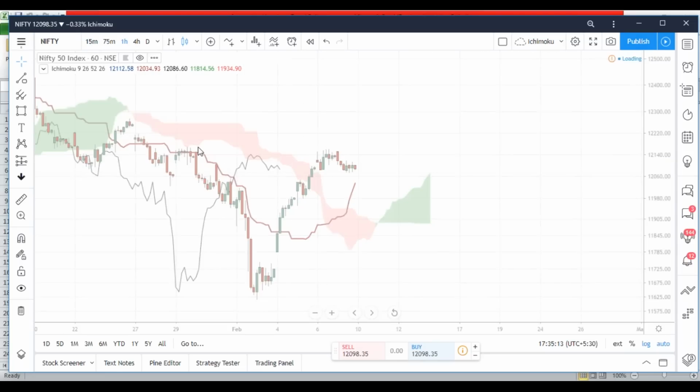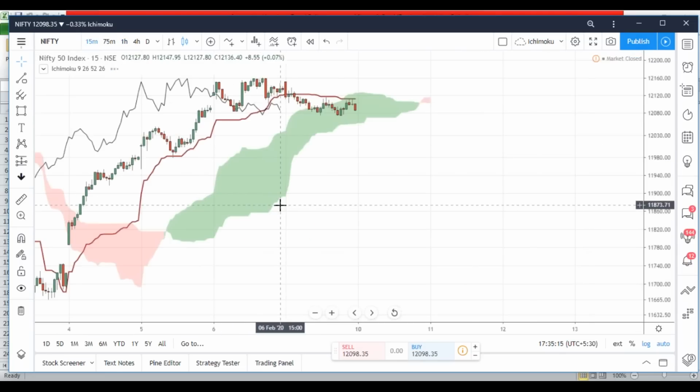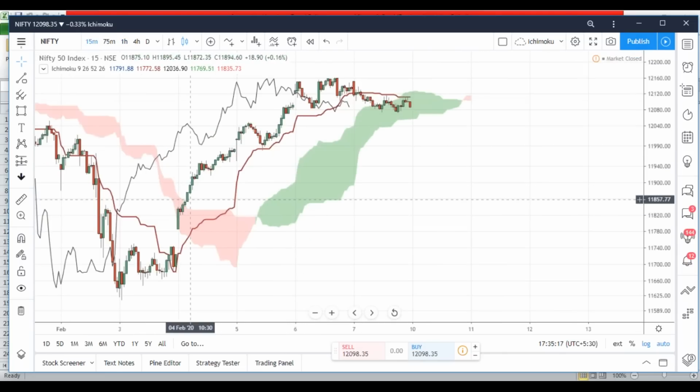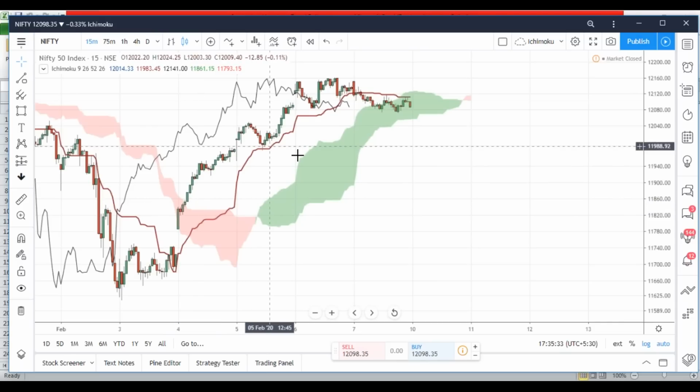Let's say 15 minute. On the 15 minute chart, whenever price closes above the cloud, immediately I will go long. Why? Because on the longer hourly time frame, I am already in a bullish trend. This way you can use multi-time-frame analysis, and you will avoid all the sell signals in the smaller time frame as long as your longer time frame is in a bullish trend.